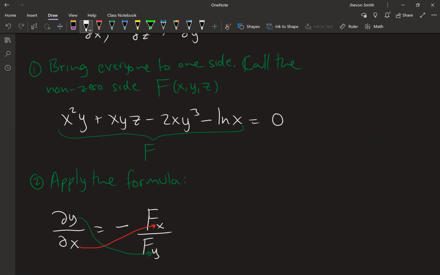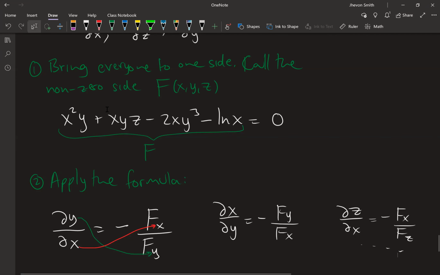And so if I were to ask you, what is the partial of x with respect to y? Well, that's going to be minus f sub y over f sub x. Or if I were to ask you, what is partial of z with respect to x? Well, that's minus f sub x over f sub z, and so on and so forth. That's always what it's going to end up being.